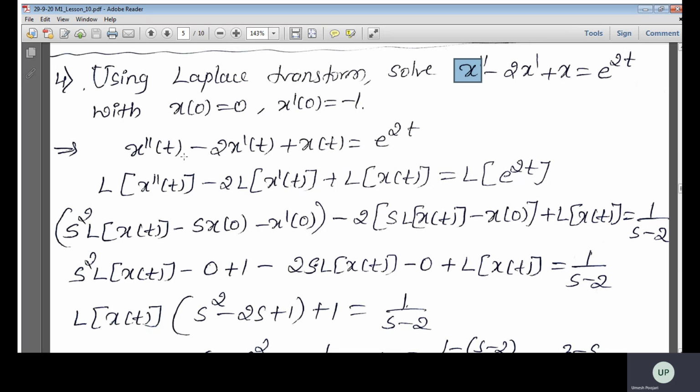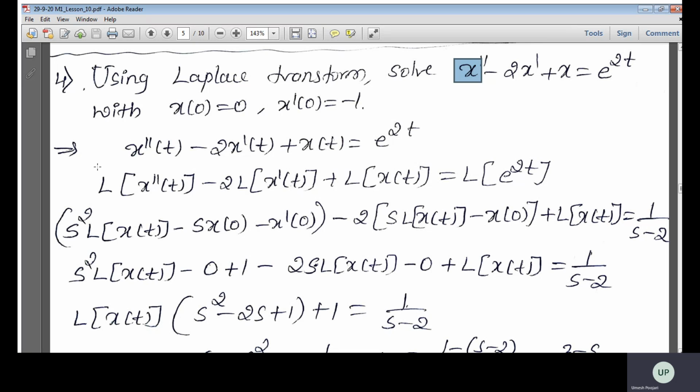First we write the given equation as it is in terms of t: x double dash of t minus 2x dash of t plus x of t equal to e power 2t. Then take L on both sides. Because of the minus and plus, we can separate term by term.